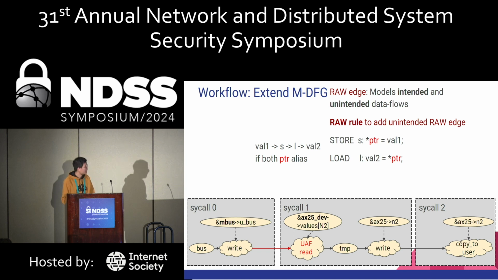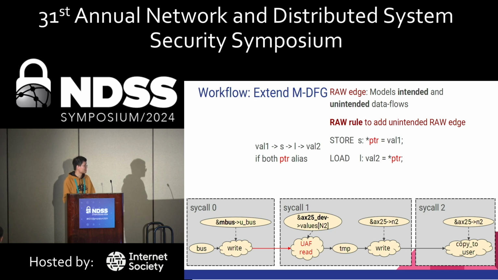So let me explain based on this motivating example. We can see object AX25def is already freed. And then we find object mbus having similar size with AX25def. And we assume a successful heap feng shui allows the object mbus to be allocated on top of object AX25def.